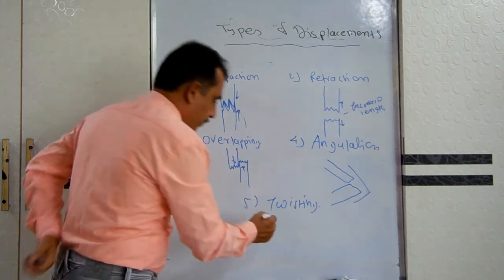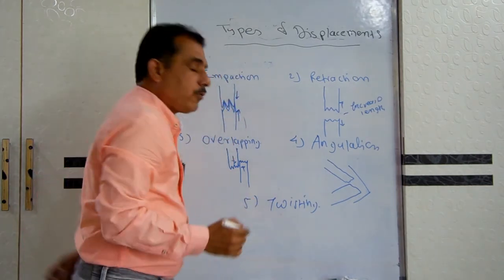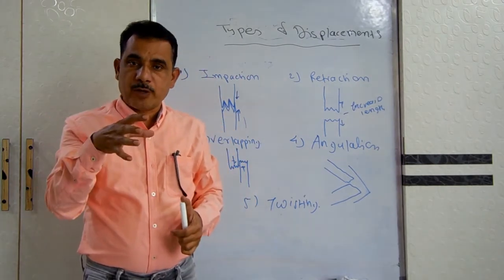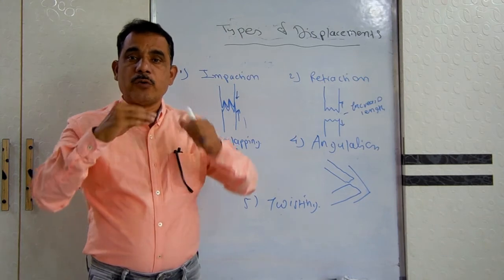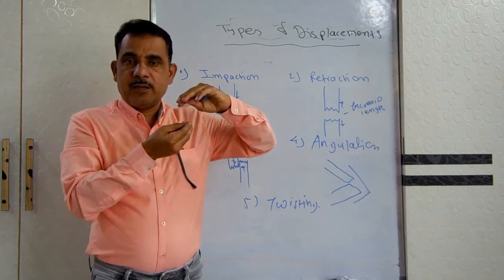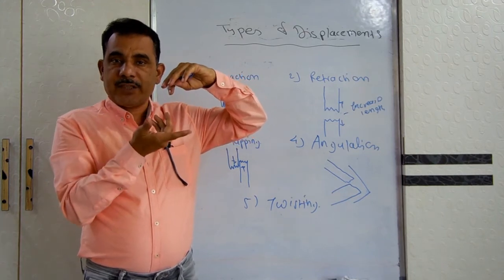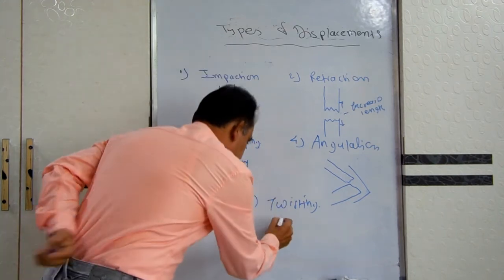Now twisting. What does twisting mean? After the formation of the fracture line, or after the separation of the two fracture ends, one end may twist. One end may twist and move. Isn't that called twisting? In the figure you can see.